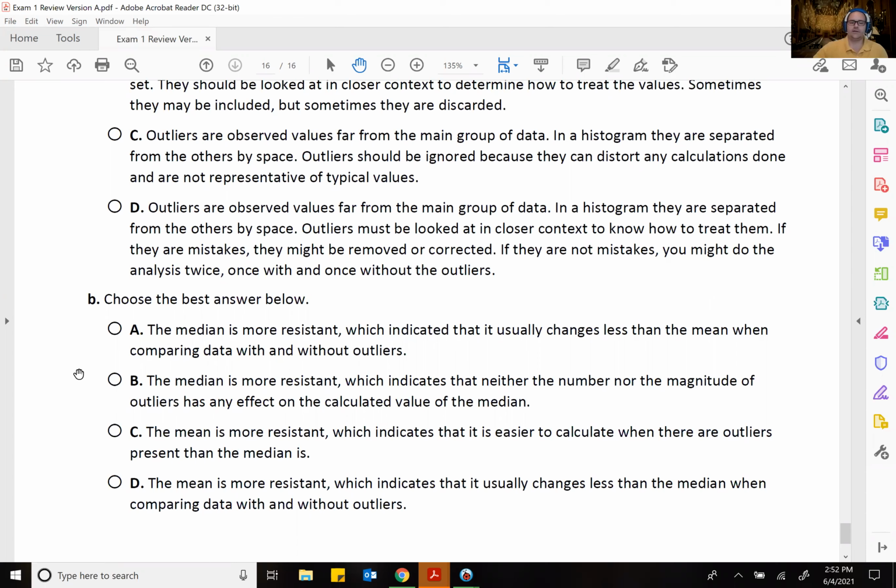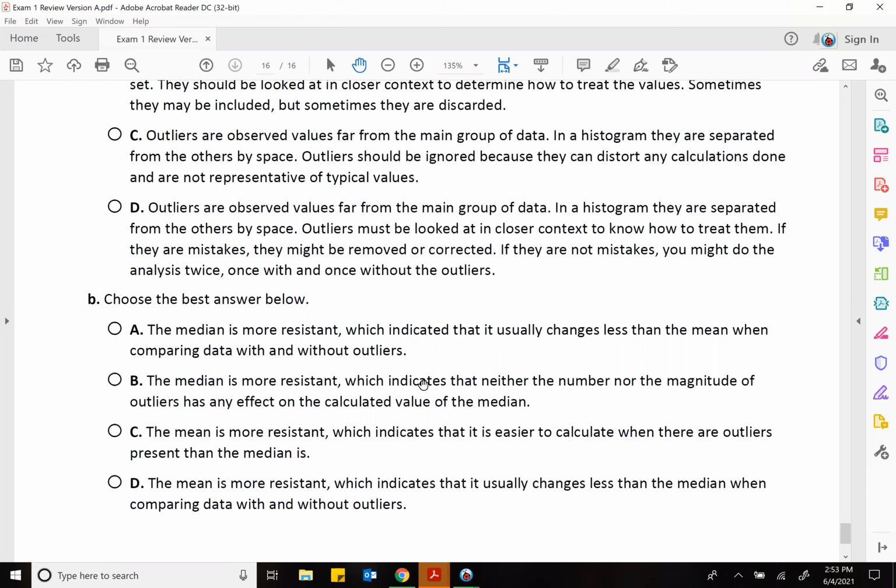Yes, it is A. Although for me, B also is pretty good: neither the number nor the magnitude of the outlier has any effect on the calculated value of the median, which is true. But this is what they say the answer is. Although I could really go for both of these.